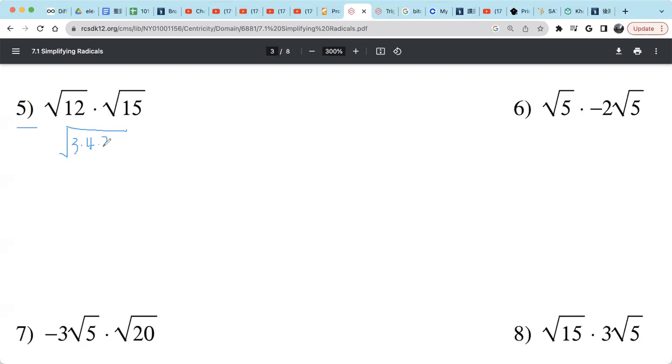And 15 is 3 times 5. Now I see 2 squares. 4 is 2 squared, 3 is 3 squared, and 2 times 3 is 6 squared. So that tells me I can split it into the square root of 36, or the square root of 6 squared, times the square root of 5, which is 6 radical 5.